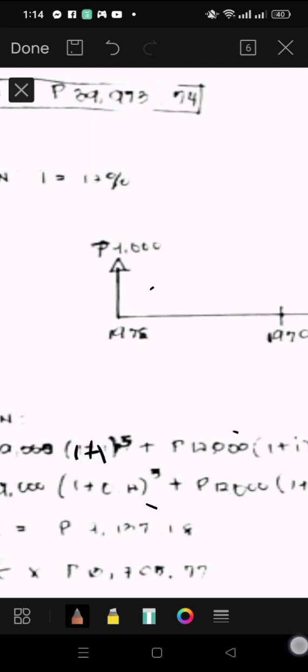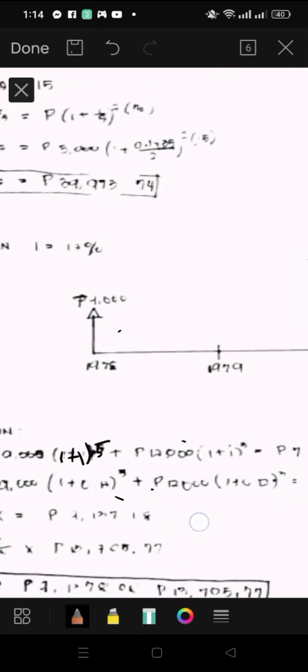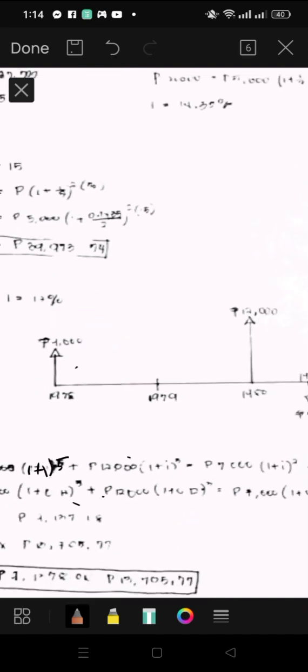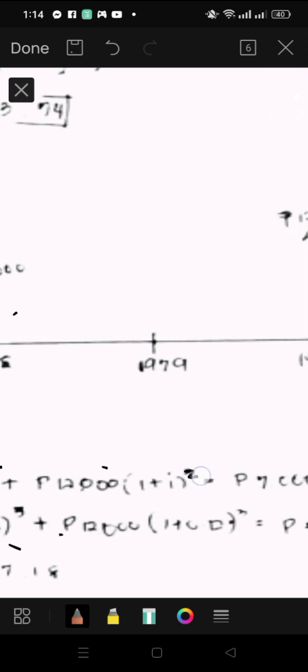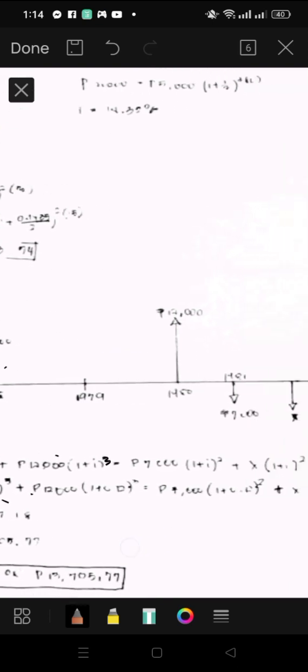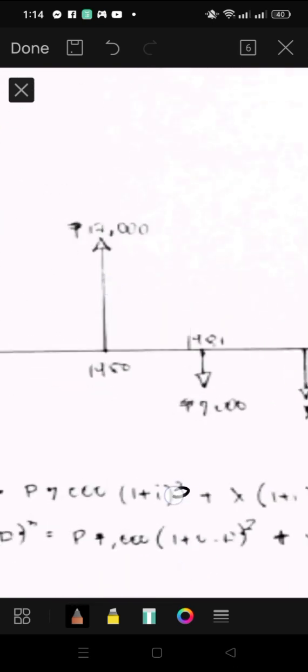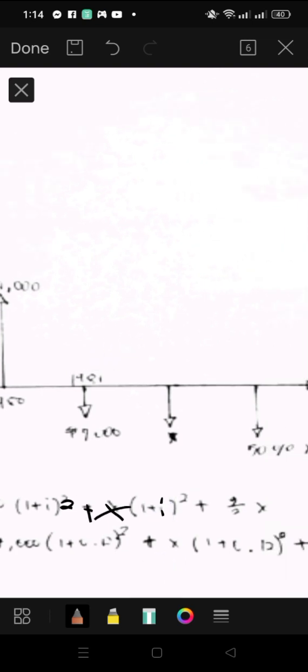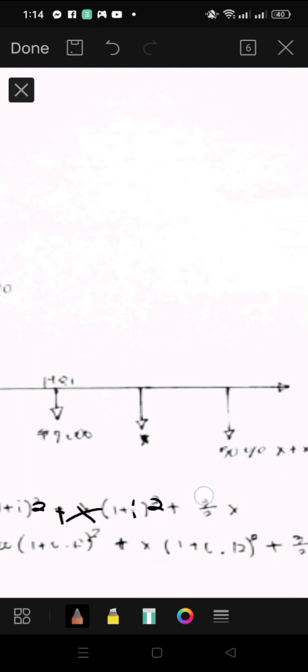Then P is equal to quantity 1 plus i raised to the power of 3, then next is P is equal to quantity 1 plus i raised to the power of 2 plus x, which is the unknown principal.